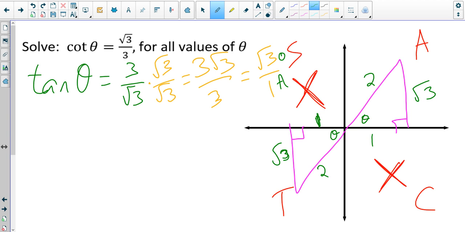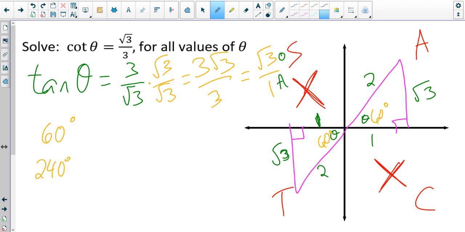This matches up directly with my 30, 60, 90, with this angle down here being 60 degrees. So I would have answers at 60 degrees and at 240 degrees.